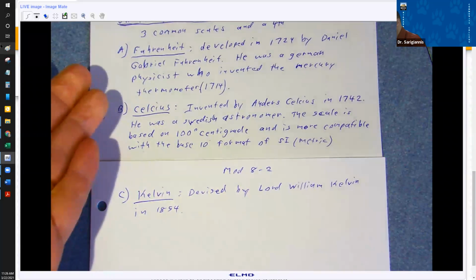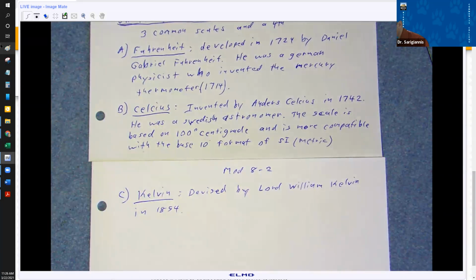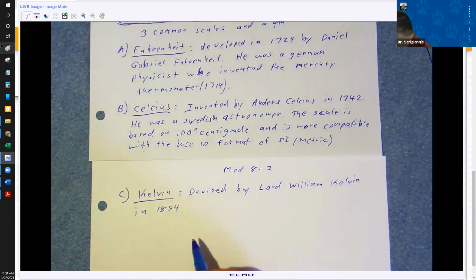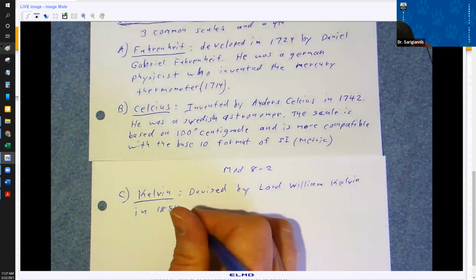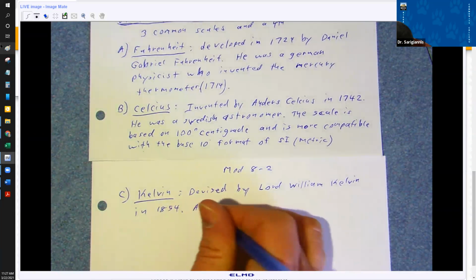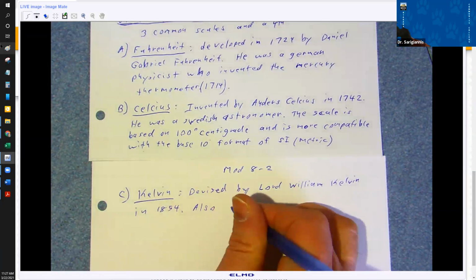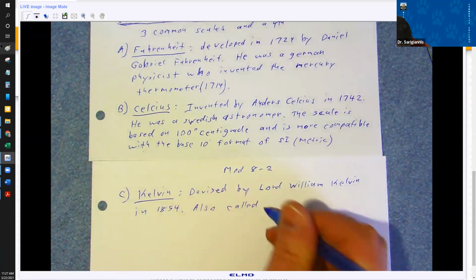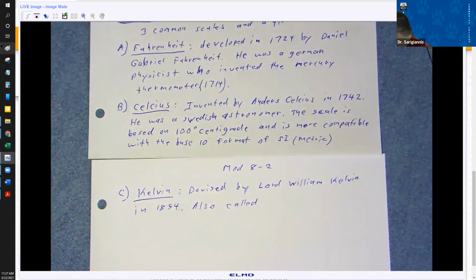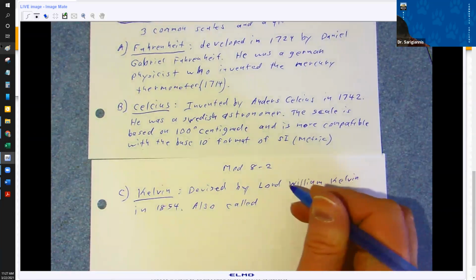So look, Fahrenheit and Celsius were developed by physicists and astronomers, but this guy's a lord, so he devised it. 1854. And what's so special about this? Well, this is also called the absolute temperature scale.